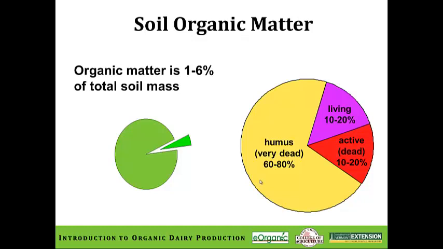And if we break those fractions up, you can see that the very dead makes up the largest portion of your organic matter. And you can see that the living and the dead make up a much smaller portion. So the very dead is about 60 to 80% of all the organic matter in your soil, and the living and the dead are 10 to 20% of the total soil.